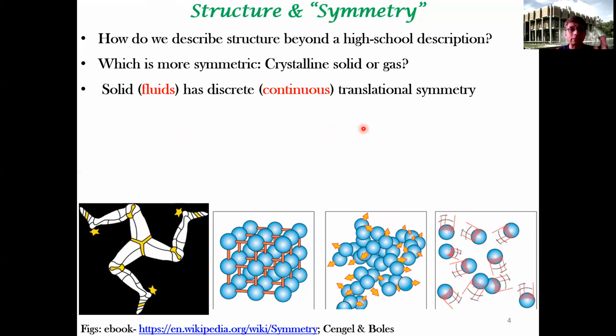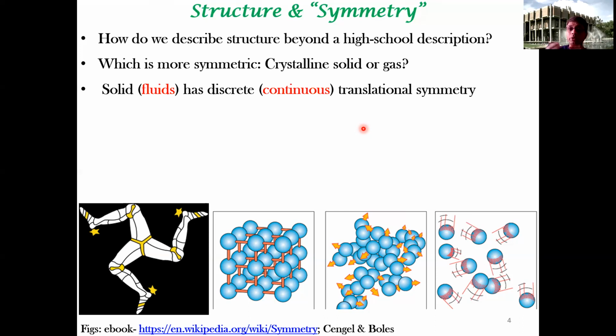So both have translation symmetry, but the nature of translation symmetry is different in a solid and from that of a fluid. This has an important consequence in the nature of phase diagrams. This is one of the most fundamental ways of contrasting why a solid is different from a fluid.